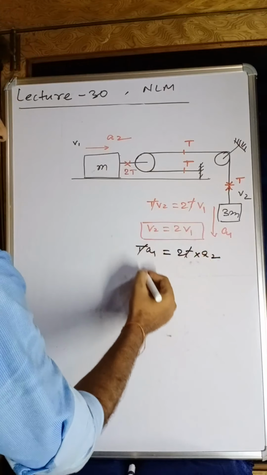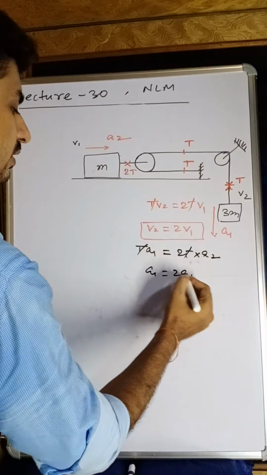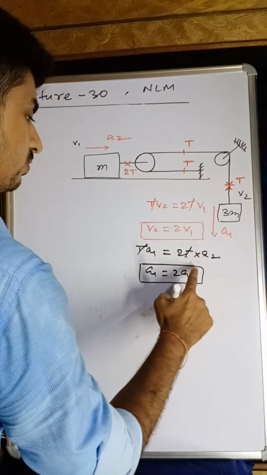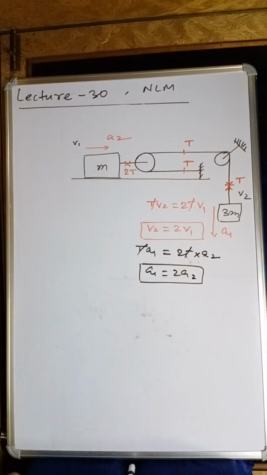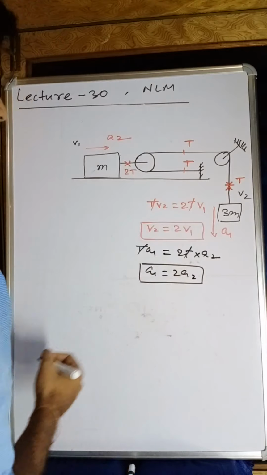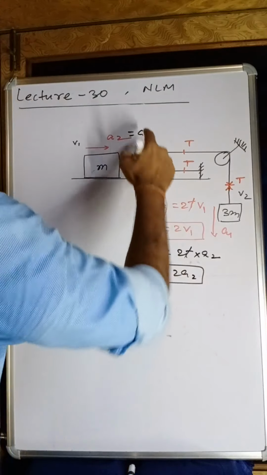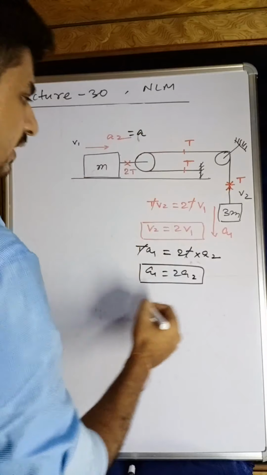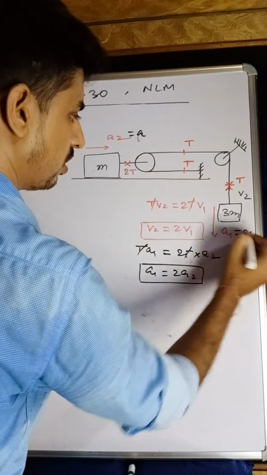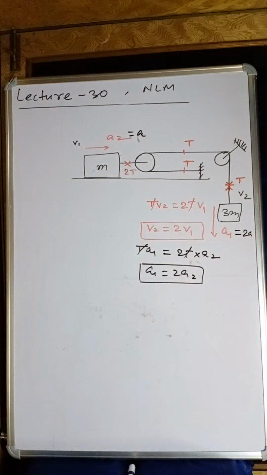So this cancels out, and A1 equals twice A2. So if A2 is A, then it will move with an acceleration of how much? 2A. Okay. Now start solving this question.